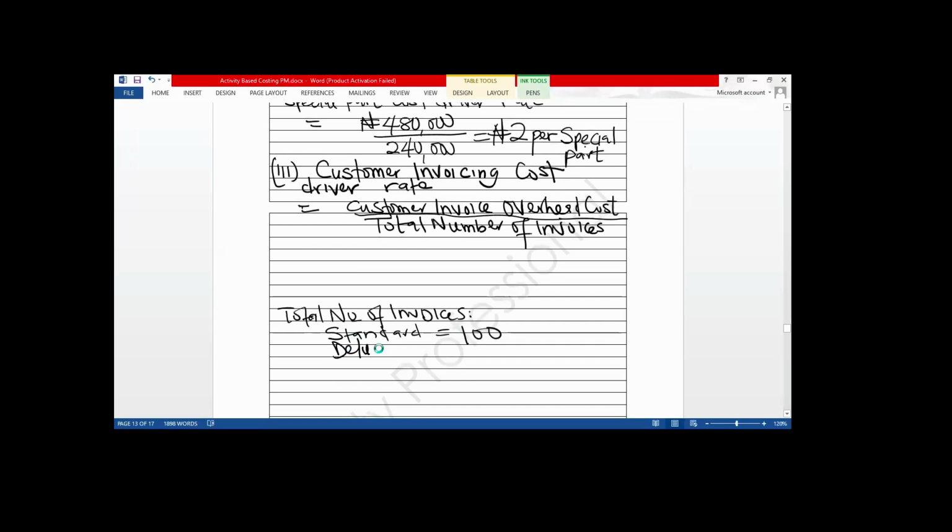Is it attached to anything? Per year, and it's just 1 year. So it's not attached to unit, batch, or hour. I don't need to multiply anything here. Total becomes 580. You can now calculate the cost driver rate.